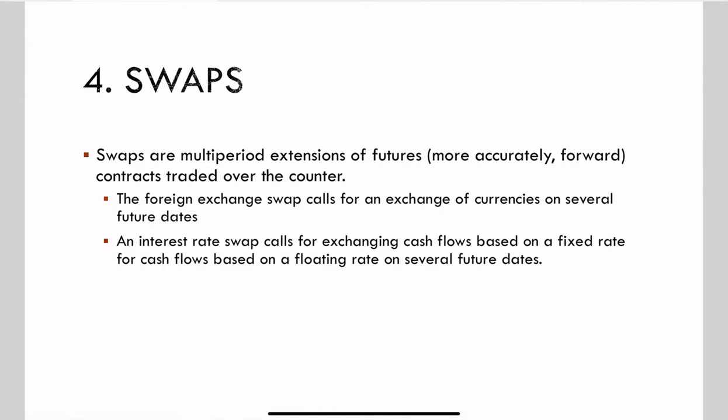So think about this. What is a futures contract? For one futures contract, on day 0, you would enter into this contract agreement. And on this delivery date, if you're the seller, then you will make the delivery. If you're the buyer, or if you're taking the long side, then you will take the delivery.